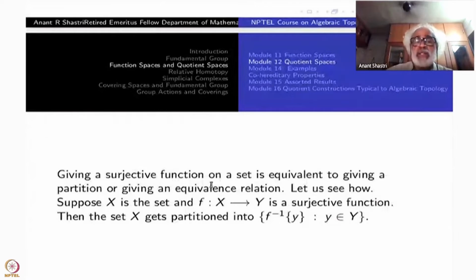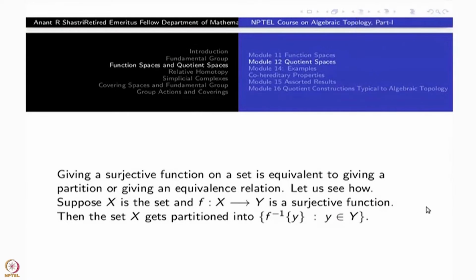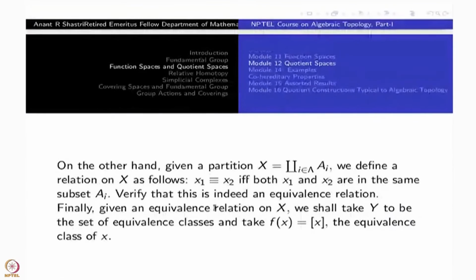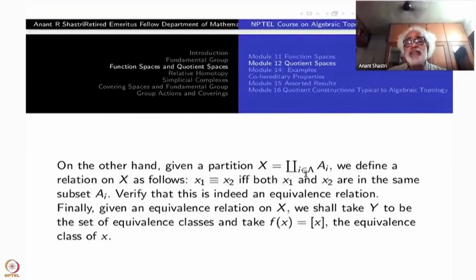Giving a surjective function on a set is equivalent to giving a partition by F inverse of y. And then giving a partition, say X is the disjoint union of A_i, you can define x1 is equivalent to x2 if and only if both x1 and x2 are in the same subset A_i. So this is an equivalence relation.